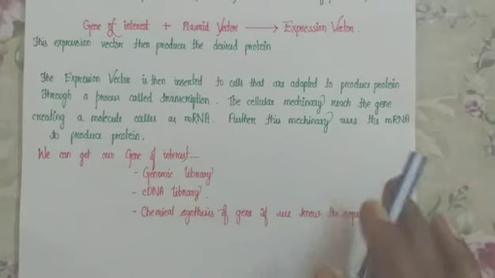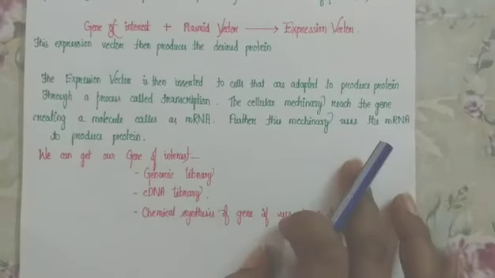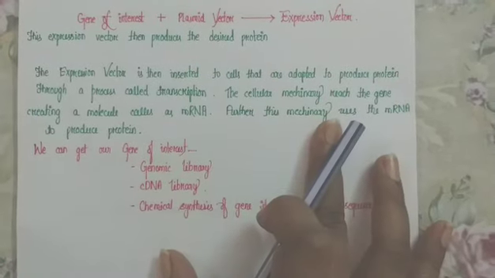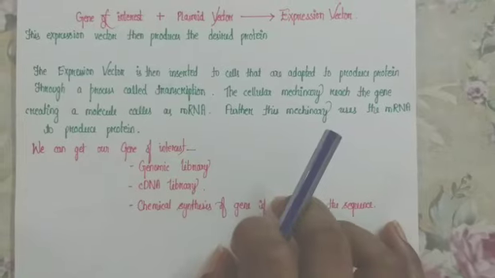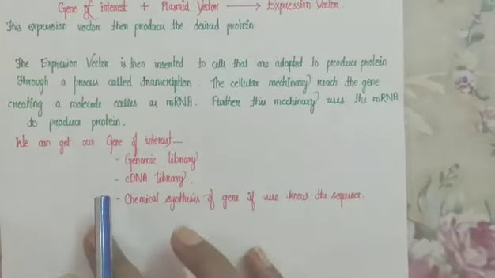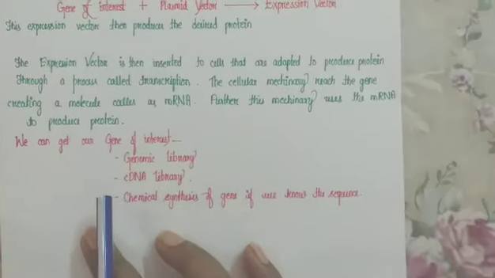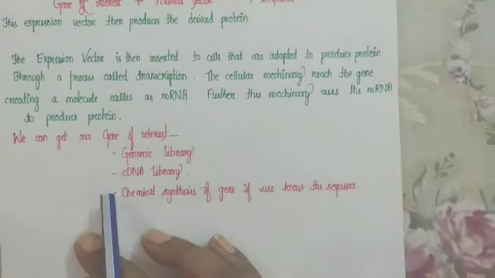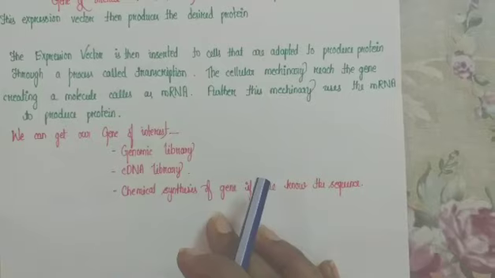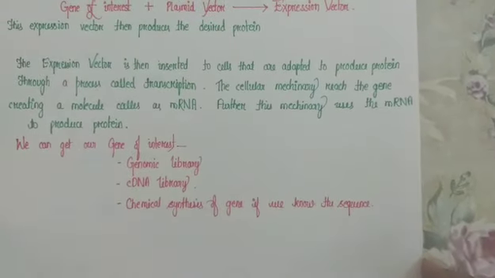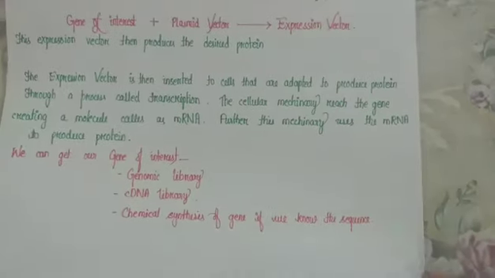Or if we know the sequence of the gene, as we know that genes are a stretch of DNA, and we know the sequence of the gene responsible for the secretion of the enzyme or protein which we require, then we may chemically synthesize that gene as well. So with this, step 1 is done.